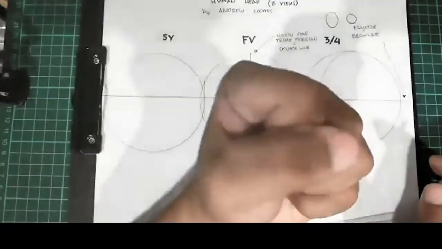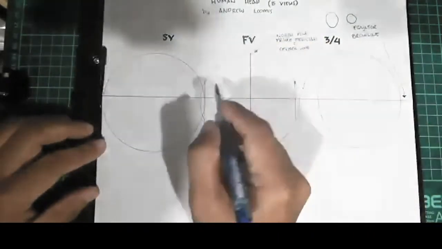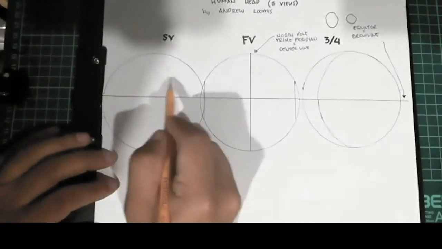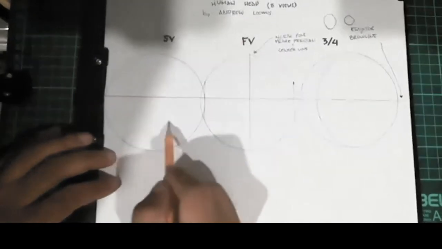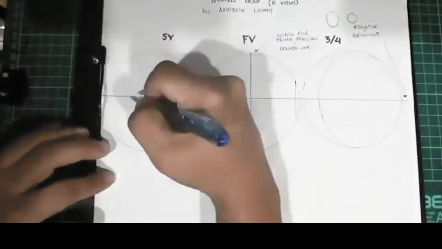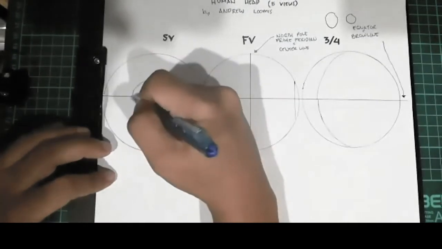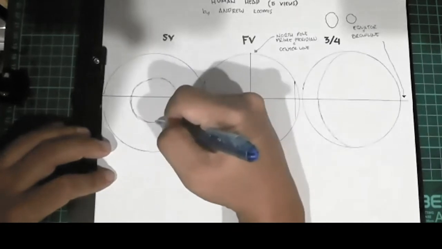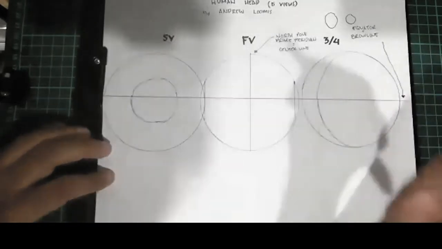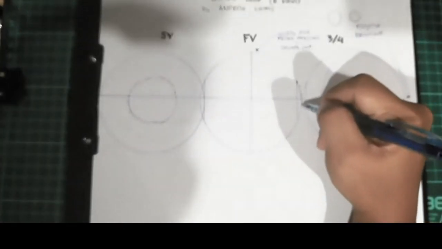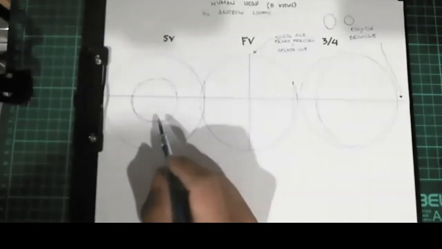Dahil meron kang bilog, di ba? Slice mo dito sa magkabilang side. Ano magiging itsura niya? Magkakaroon siya ng circle sa side view. So, para tama, lagyan akong guide. Makikita niyo naman once I started drawing. Okay. So pag tinanggal mo tong part na to, yun yung magiging itsura niya sa side view.